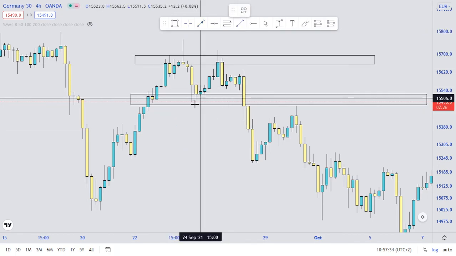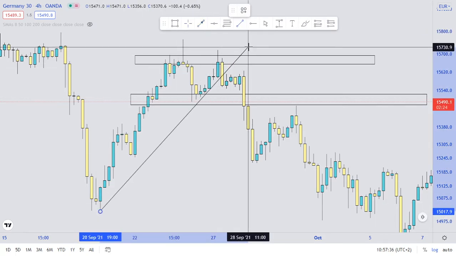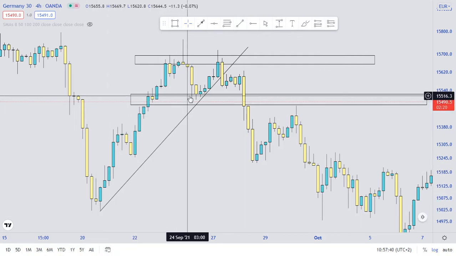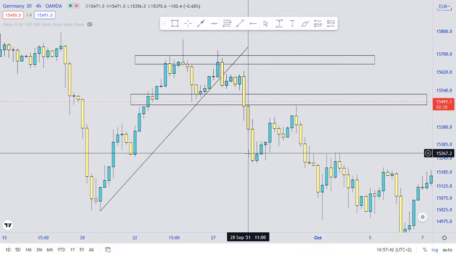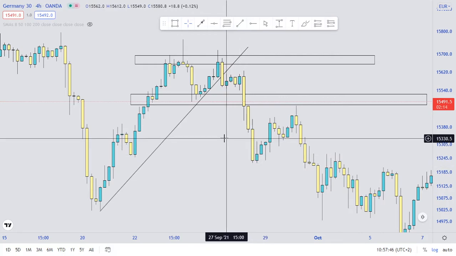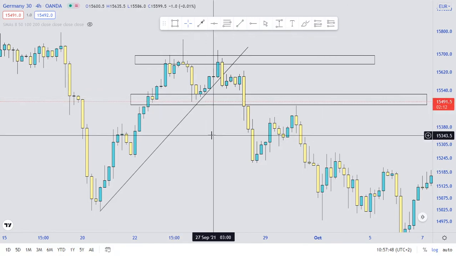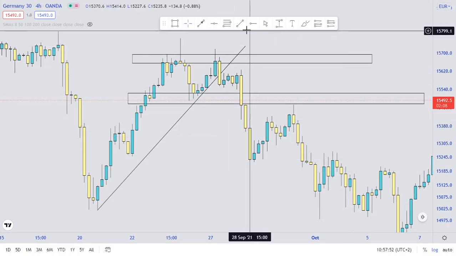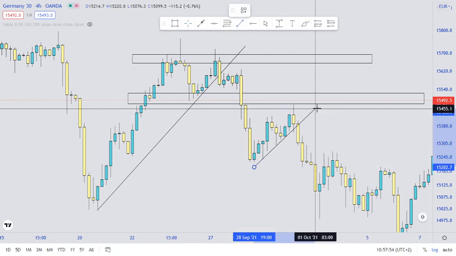If we draw a trend line from this low to this higher low, we can see that price did create a new lower low. So once price create a new lower low and break structure lows, we're not gonna look for buys. What we're gonna look for, we're gonna wait for the correction, guys.